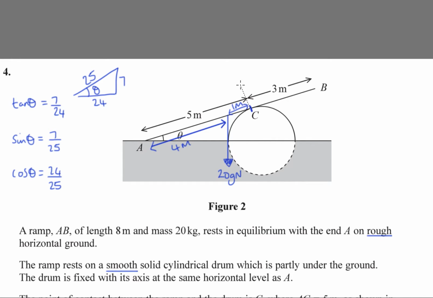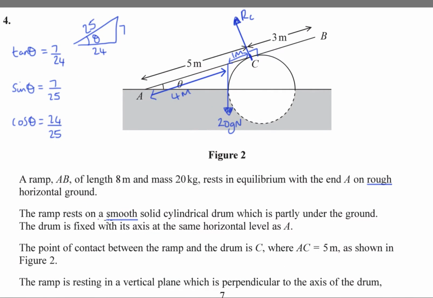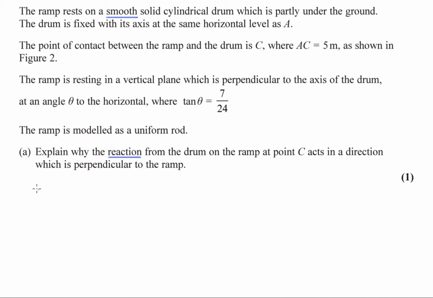Even if we can't answer this question, that's going to allow us to add in the reaction at C and know that it's perpendicular. The reason is that earlier on they told us that the drum was smooth. So there's no forces acting along the ramp, which means the only force acting is the reaction force, which will be perpendicular.